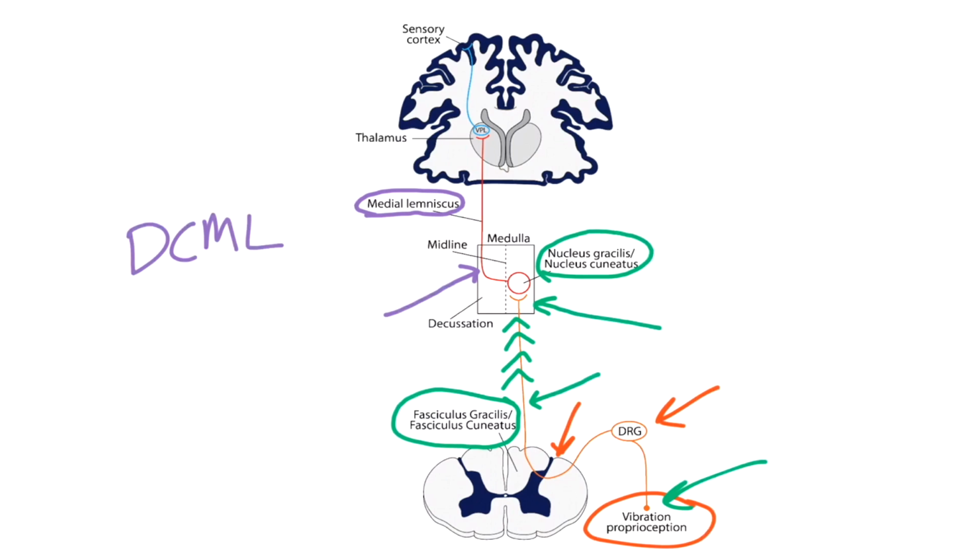So we're using the medial lemniscus, and this neuron goes until it reaches the thalamus, and again it synapses onto the ventro-posterior lateral nucleus of the thalamus. So then this third neuron now travels up until it reaches the primary sensory cortex. And this is discussed in section 1 of this chapter.